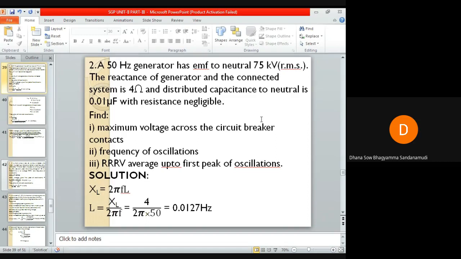Okay, so in this problem you need not worry about the frequency. The frequency value is already given in the question itself, and even if it is not given, you can determine it. Line to neutral voltage is given, that is 75 kilovolts, and the reactance of the generator is given, that is 4 ohms, and distributed capacitance to neutral is given.